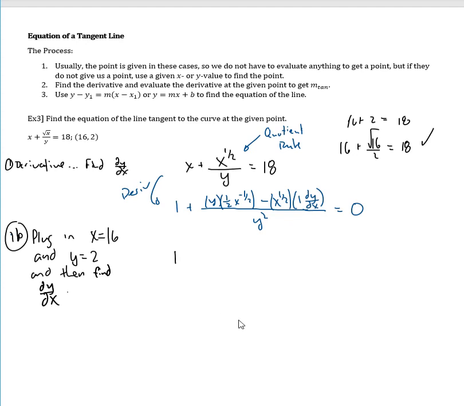So we've got 1 plus a big fraction. Let me draw that fraction bar straighter.